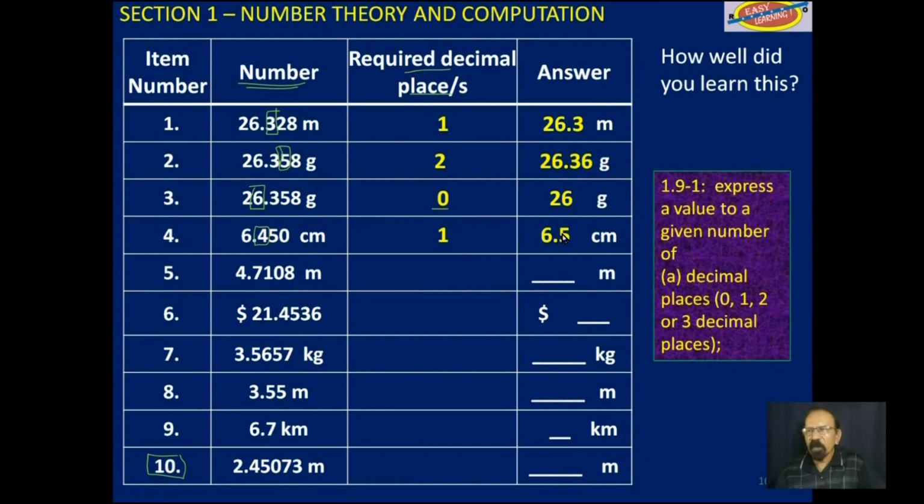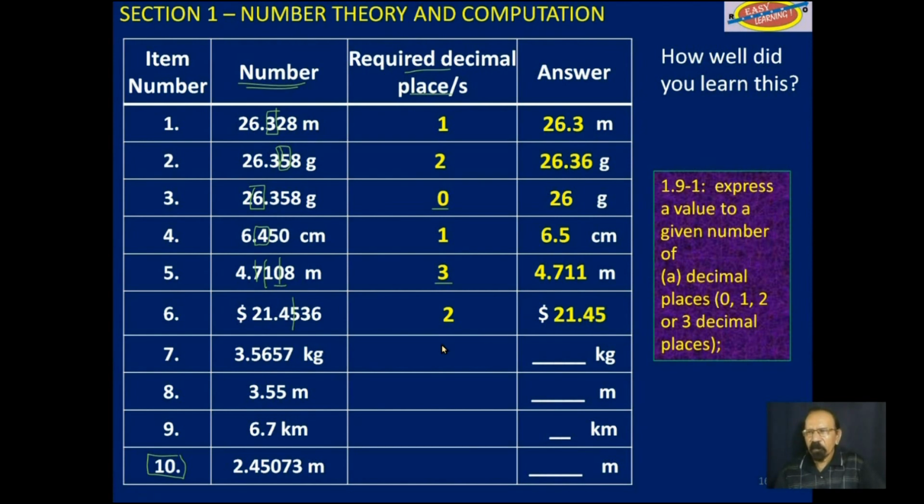6.5. Next one, 3 decimal places. 1, 2, 3 decimal. You are rounding off at that 0 position. Your answer? 4.711. Next one, 2 decimal places. 1, 2, you are rounding off at this 5 position. Your answer? 21.45.